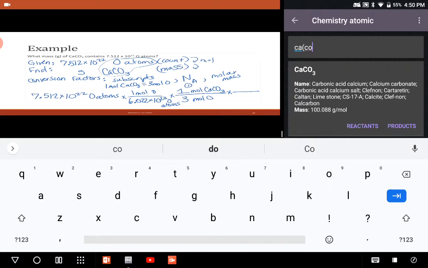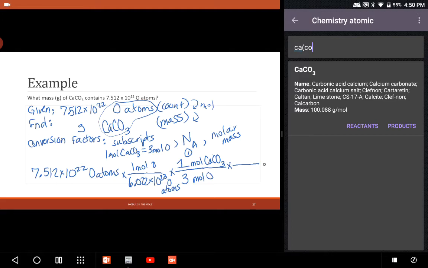Let's see how this works. Okay, calcium carbonate. And so that is 100.088 grams per 1 mole.